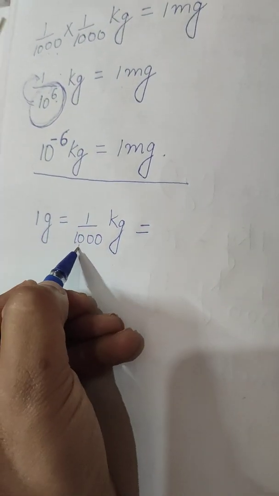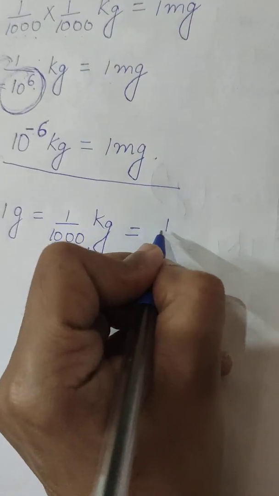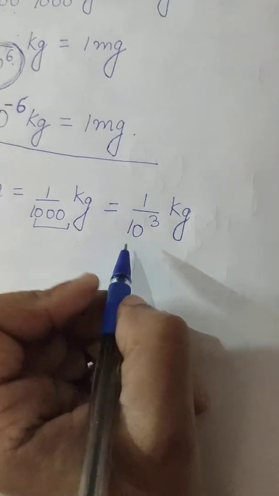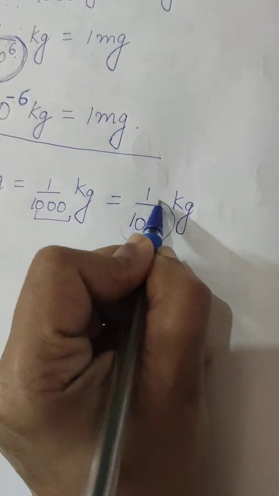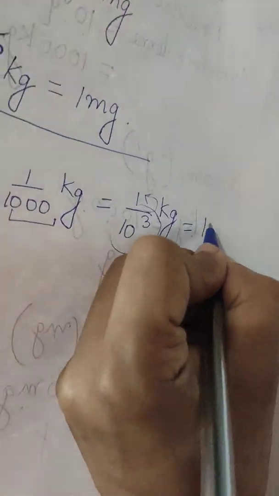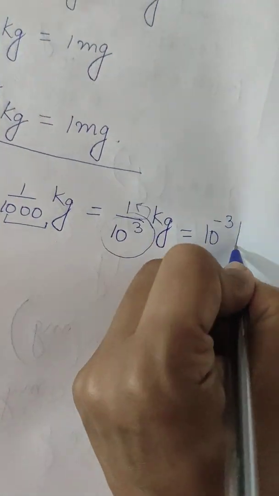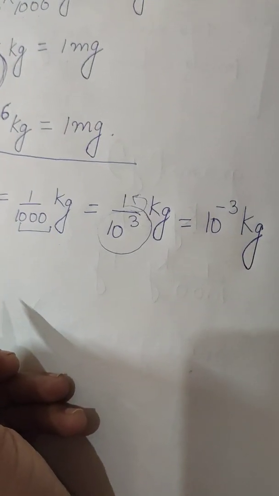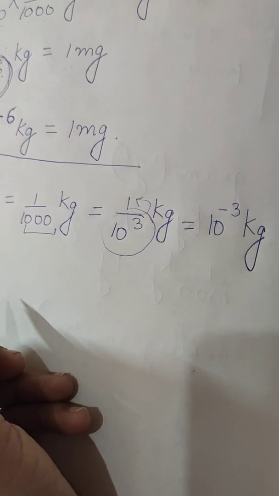Again, how many zeros are there? 3 zeros. So 10 raised to power 3 kg. Now when I take this 3 into the numerator, it becomes 10 raised to power -3 kg.